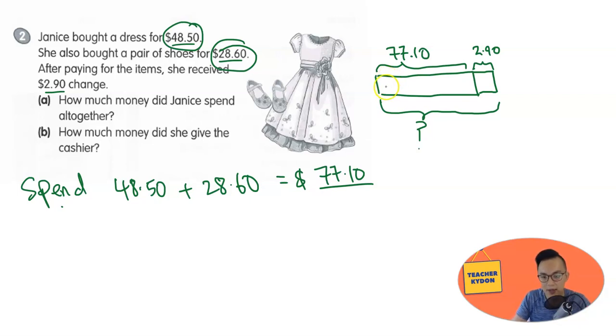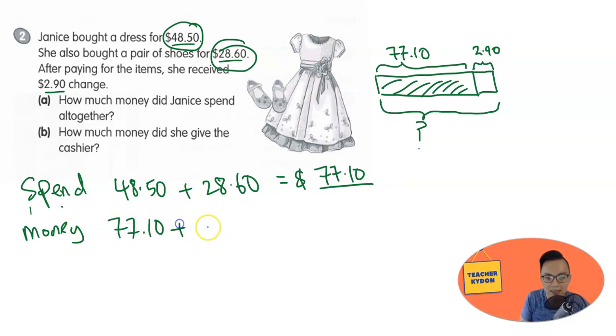And then after that, I spent 77.10. I get $2.90 in change. Right? So $2.90 in change means I need to add to what I spent. So therefore, my total amount of money that I have is $77.10 plus $2.90. Okay, so that's equals to, you need to work this out yourself.